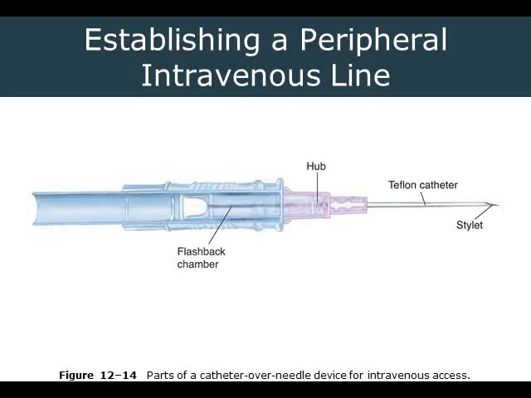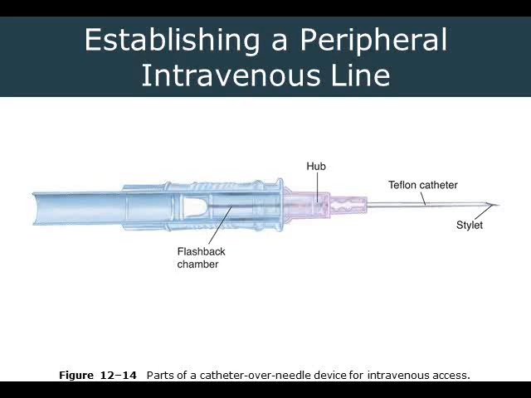However, it stays within a shield or a guard. In this type of catheter, everything that's the bluish colored flashback chamber and then the needle within it will go away, and only the pink hub and white catheter will stay in the vessel.